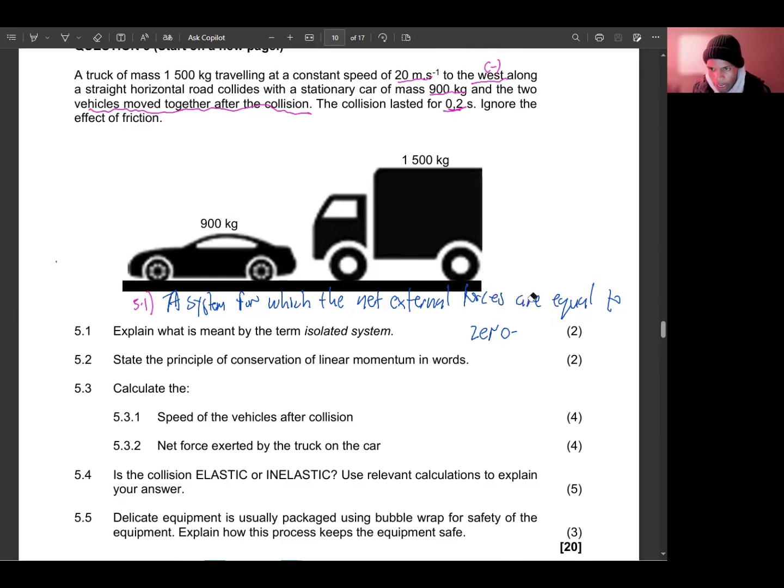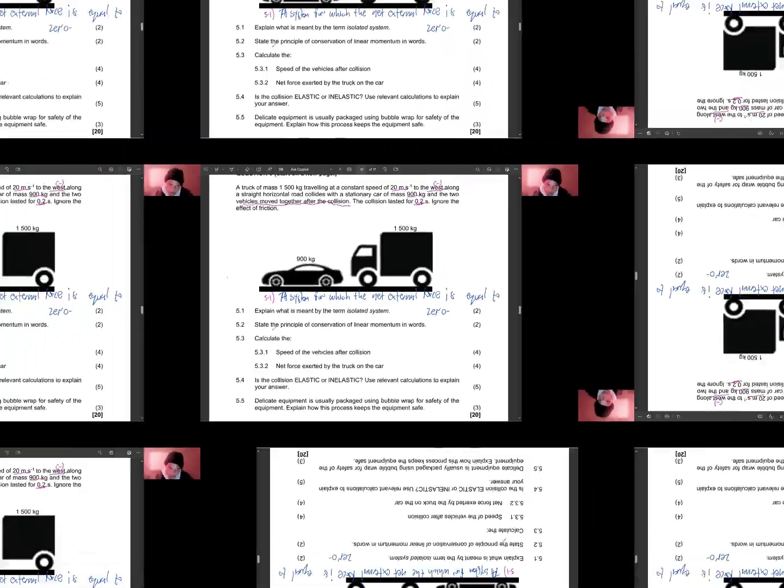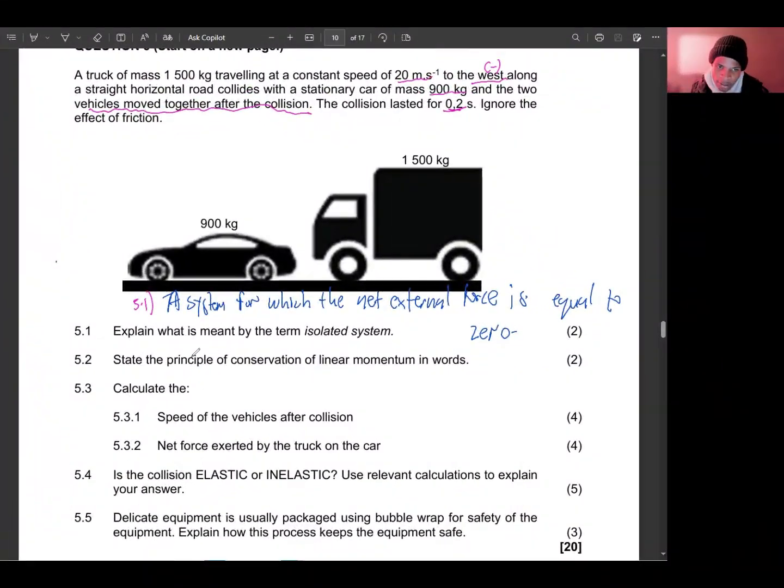Let's just say net external force is equal to 0. Yes. So a system for which the net external force F net is equal to 0. Then 5.2, state the principle of conservation of linear momentum in words, right? So you are just given 4 marks in definitions there. That's just 4 free marks, right?